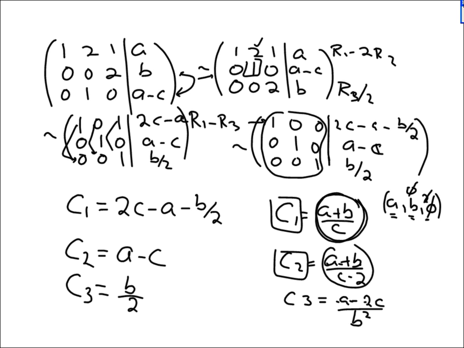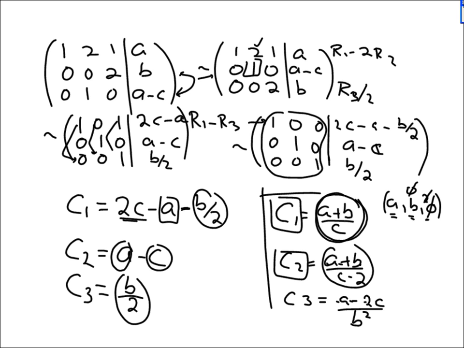You can't just get any old A, B, C. But no matter what A, B, and C are, you can double C. You can take away A from that. And then you can compute half for B and subtract it from 2C minus A. No matter what A and C are, you can subtract it. No matter what B is, you can divide it by 2.